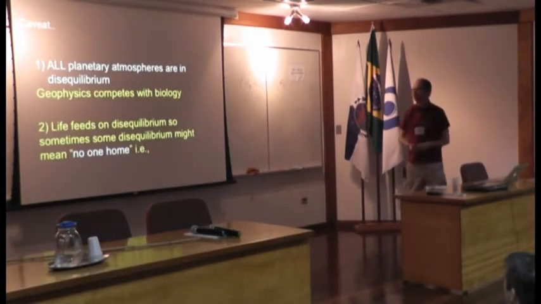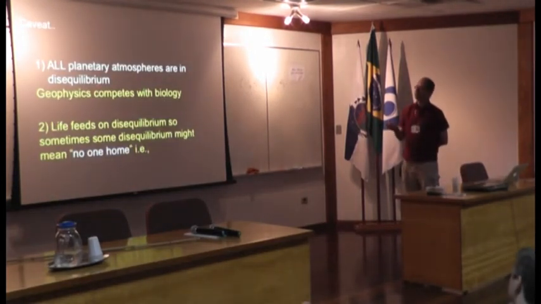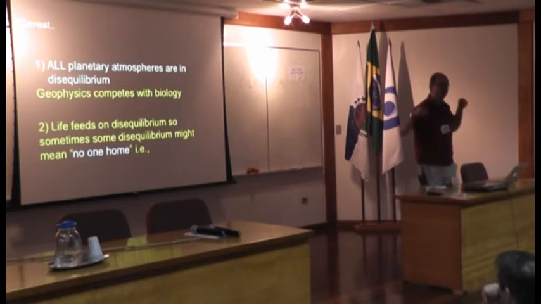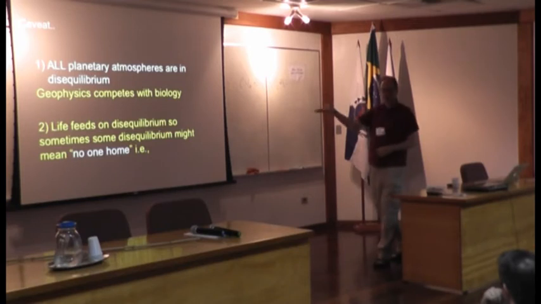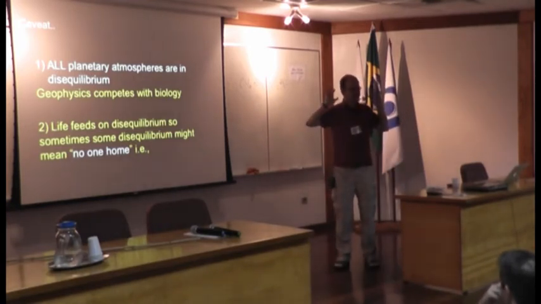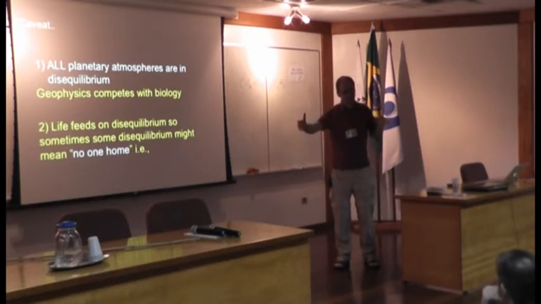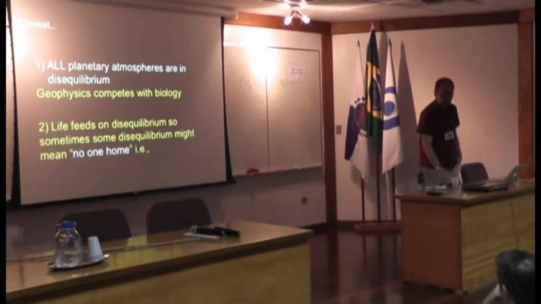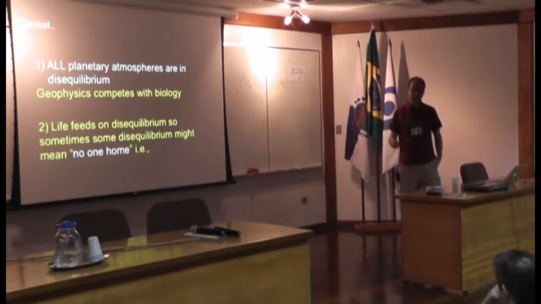But there's a problem. All planetary atmospheres are in disequilibrium to some extent. The input of free energy, meaning energy that's available to do work, happens for all planets, because a planet receives free energy from sunlight, and that breaks up molecules and creates some temporary disequilibrium continuously. So if you look carefully, in every atmosphere, you'll find some disequilibrium.